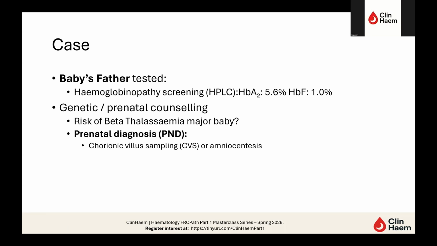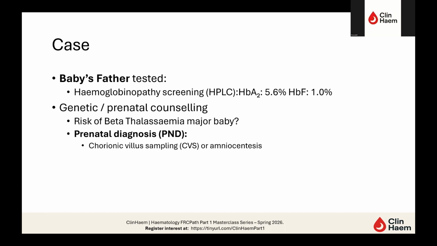There are strict guidelines that these tests are supposed to have a quick turnaround. If the genetic test comes out to be beta thalassemia major, you can sit them down and say, look, this baby has beta thalassemia major. It's likely to develop thalassemia major after 3 months, and these are the consequences.